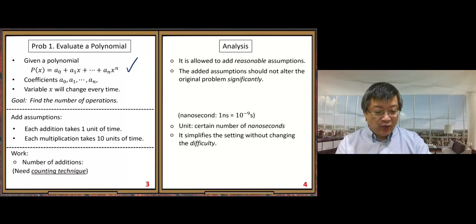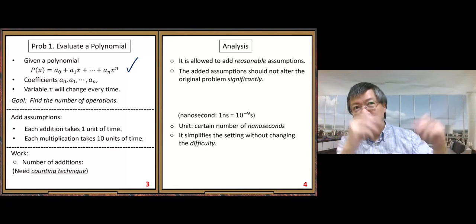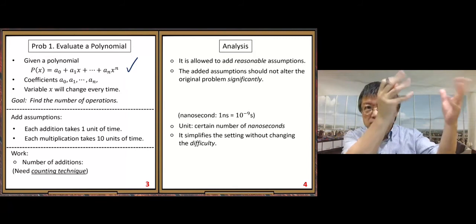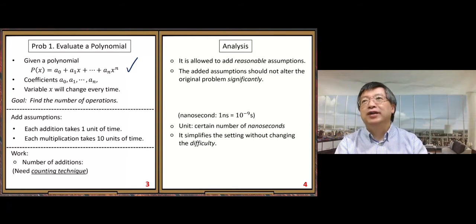Here, we need to use a counting technique. Counting problems, you learned counting in discrete math, right? There is a chapter or section about counting problems, so you have that background.